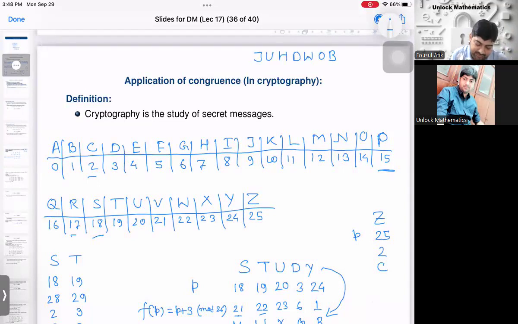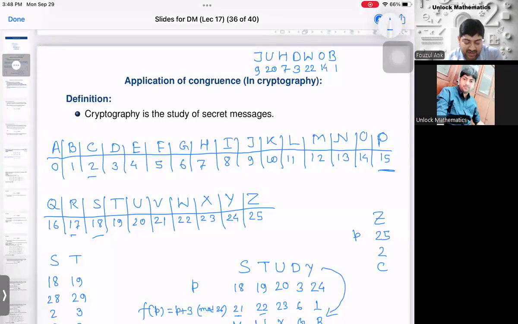What stands for J? J means 9. U means 20. H means 7. D means 3. W means 22. O means 14. And B means 1.